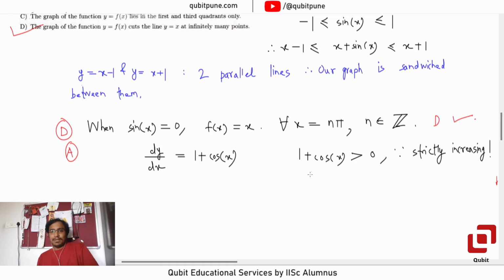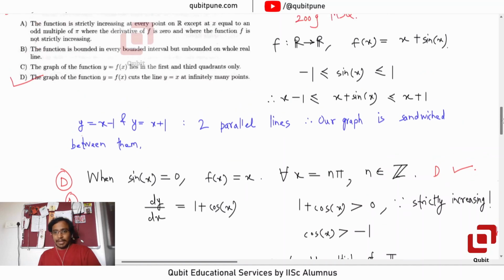We have cos x greater than -1. Now if you want cos x not to be equal to its minimum value, which happens at pi, 3 pi, 5 pi, 7 pi, then x cannot be an odd multiple of pi.